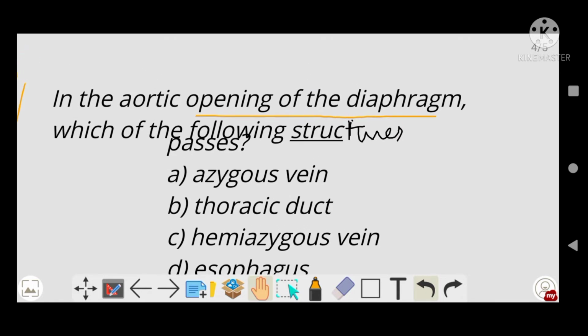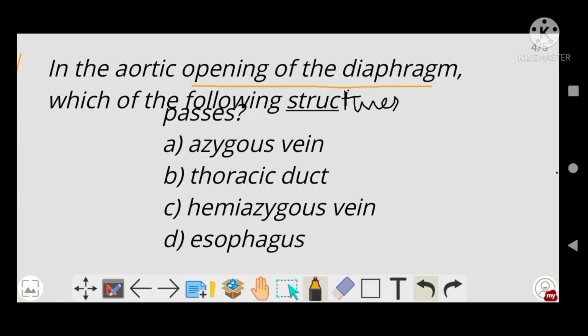You have to choose from the following options. There is also a multiple correct type, right? So you have to choose which one of the structures passes through the aortic opening of the diaphragm.